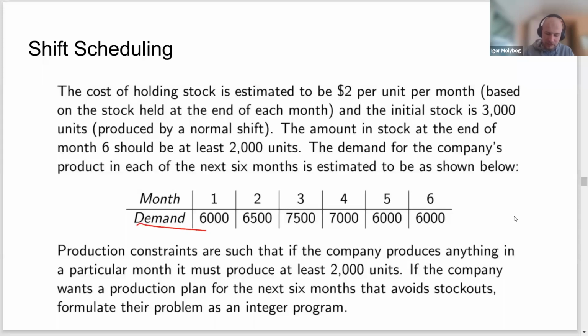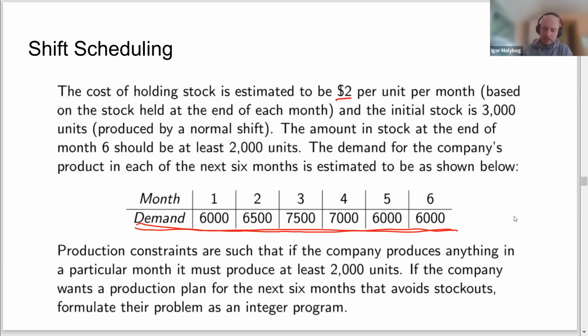Now we have a demand to satisfy. We would need to plan our shifts for several months ahead, given that we have a certain amount of demand that we would need to satisfy. The cost of holding stock: we also have a warehouse where we can hold our production. The cost of holding stock is estimated to be $2 per unit per month, based on the stock held at the end of each month.